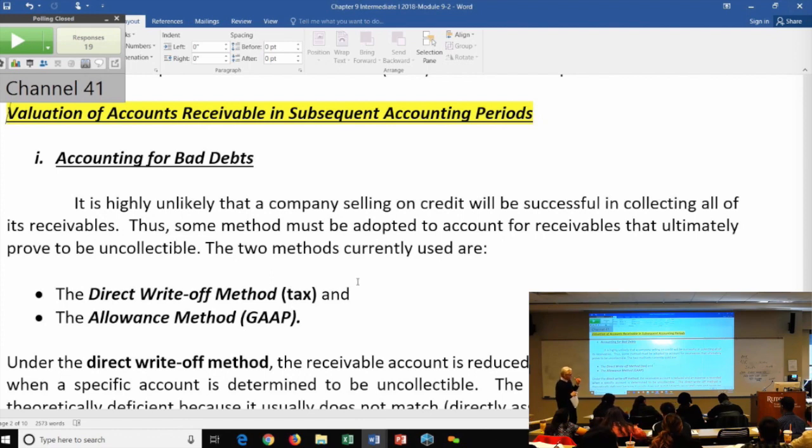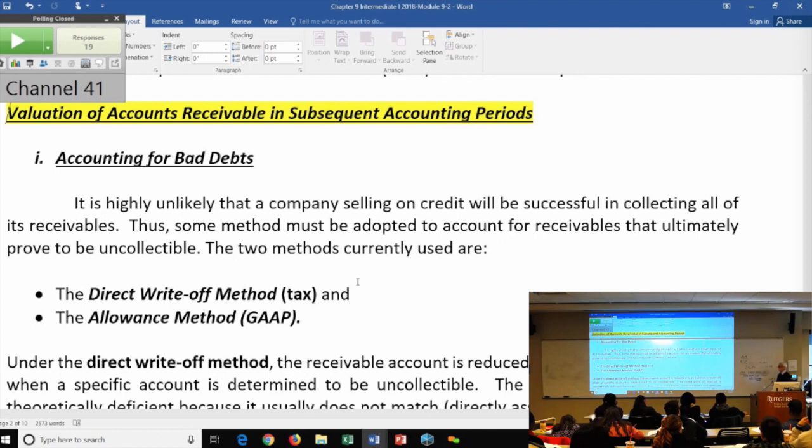Now, here's the problem with that. The problem is, number one, in the year of the sale, are we overstating income? That's the question we have to ask. Yes, we overstate income because we did not properly provide for the potential uncollectible accounts. So number one, income is misstated by the direct write-off method.